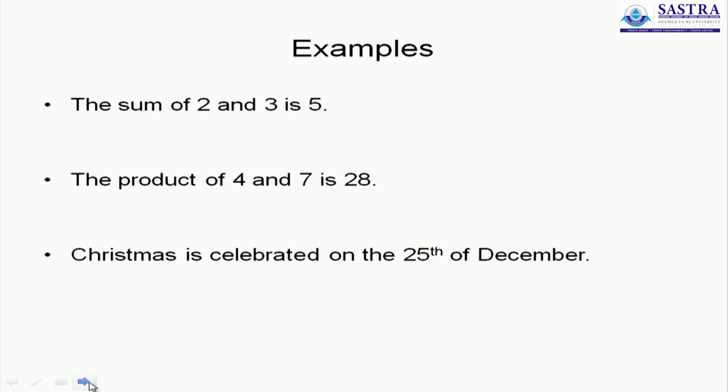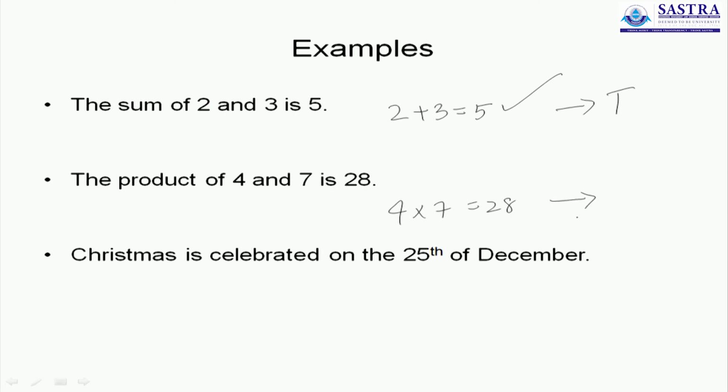We'll have a look at a few examples and we'll classify each of them into as being true or false. The first one says the sum of 2 and 3 is 5. We're trying to mean something like this: 2 plus 3 is 5, and that's right. Therefore that takes up true as its truth value. Second one says 4 times 7 is 28.